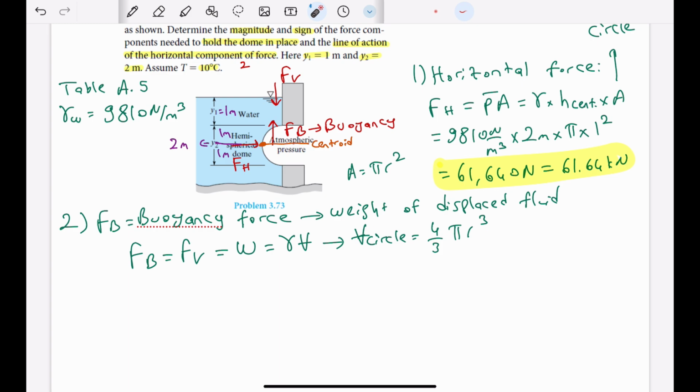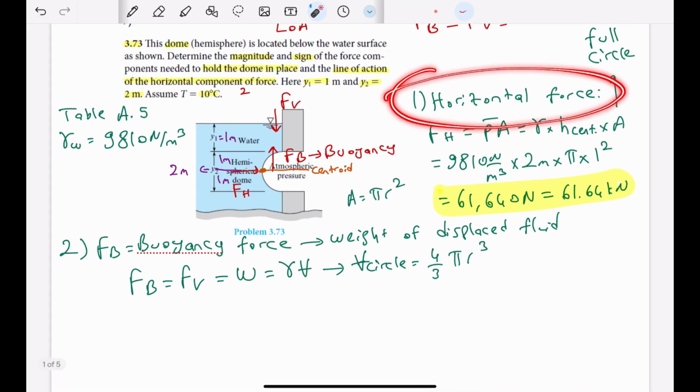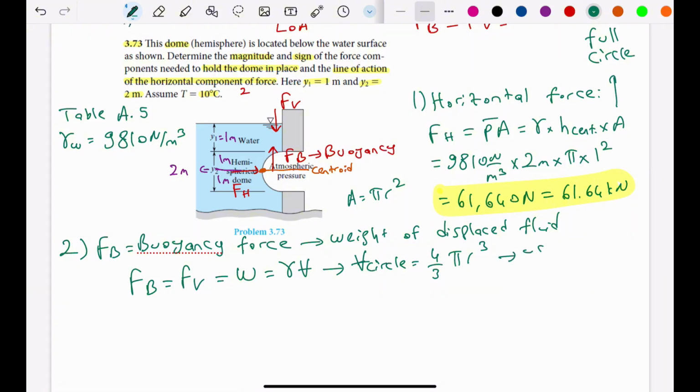However, here we need to be careful about the circle. On the contrary of this horizontal force, we need to use half circle. Because here it was a projected area, but here we need to use actual area, which is here, because we are considering the actual displaced volume.